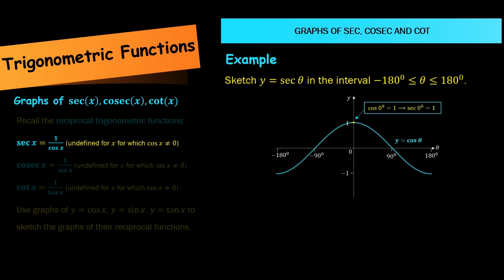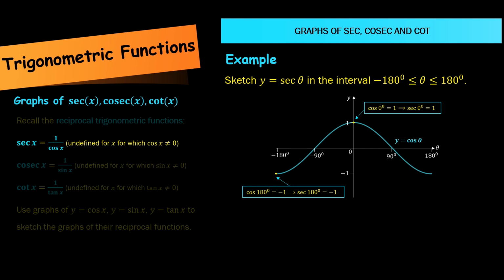When x equals 0 degrees, we have that cos 0 degrees equals 1. Using our formula, sec 0 is therefore also equal to 1. When x equals 180 degrees, we have cos 180 degrees equals minus 1.